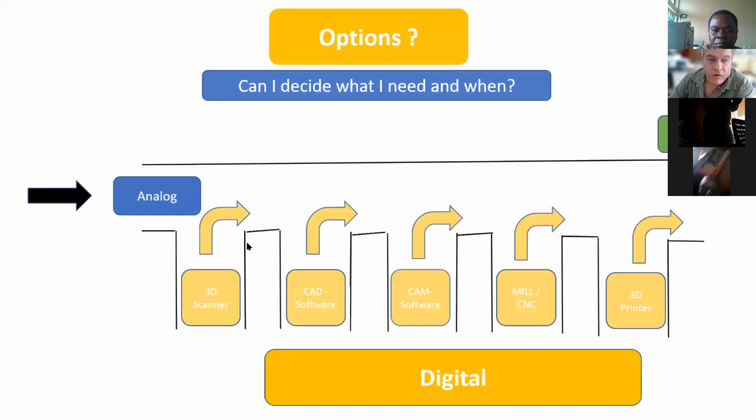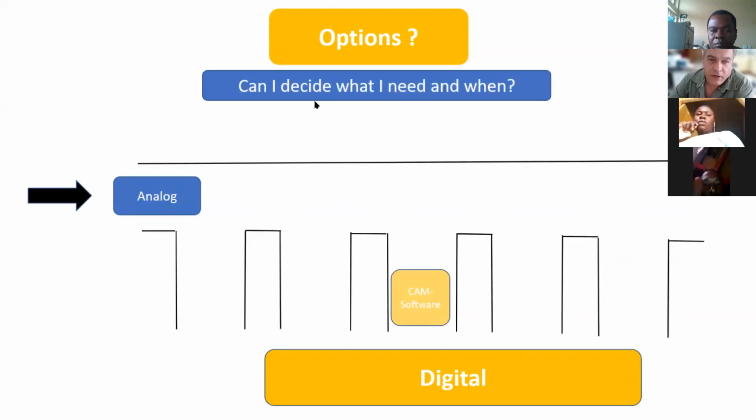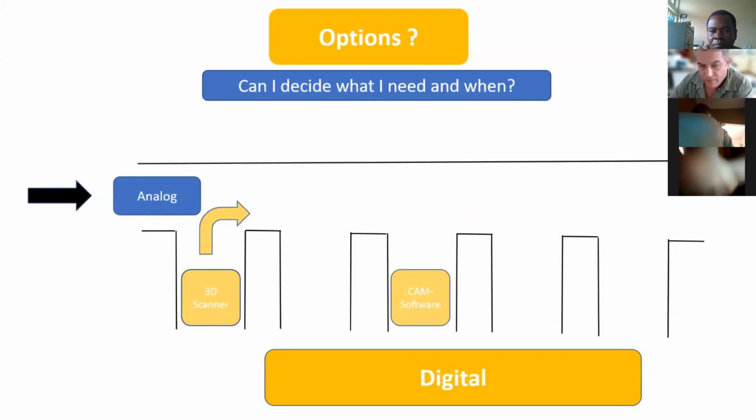So the options are what we can do. We decide between what we need and when we need it. The entry is always to take a scanner. It could be the dentist or the lab, because if you want to go digital, your models have to be digitalized. So without a scanner, you cannot go anywhere.